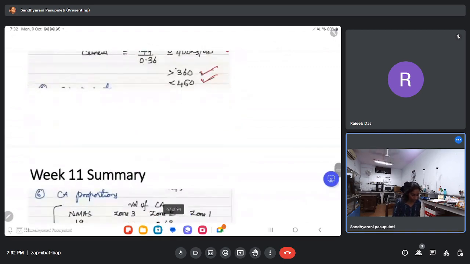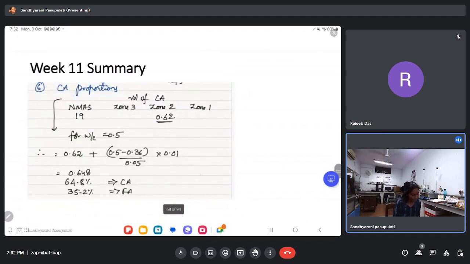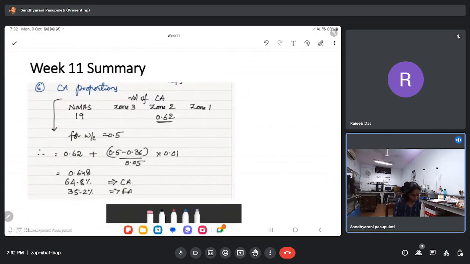Now we have to calculate the coarse aggregate proportions. How do we calculate the coarse aggregate proportions? We know that our NMAS is 19 mm and our fine aggregate is from the zone 2 sand. This table is for a water to cement ratio of 0.5.